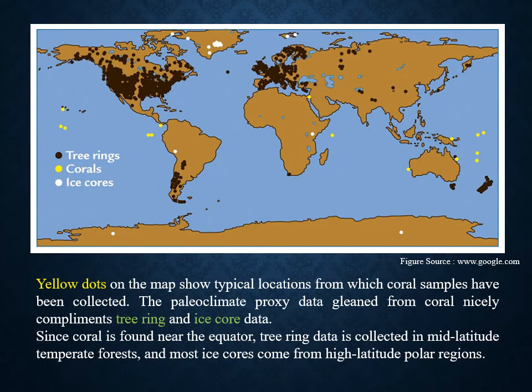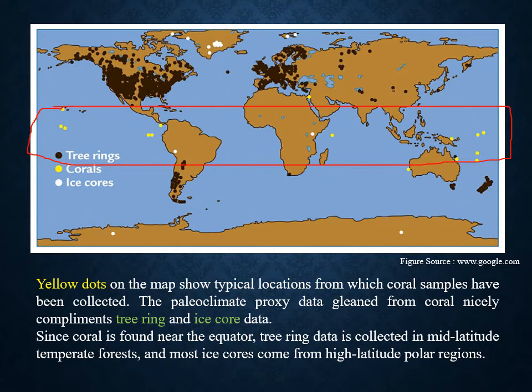If you look at the distribution of different proxies throughout the globe, you can see these yellow dots which represent the records of corals. They are mostly restricted within the tropical, subtropical regions, whereas the ice cores are found in the polar regions, in the Antarctic and Arctic areas, and the tree rings are mainly found in the mid-latitude regions.